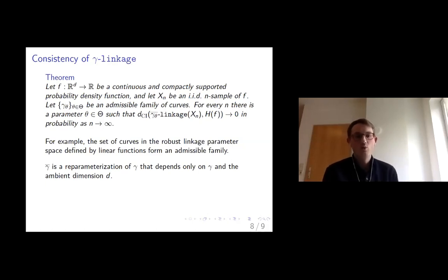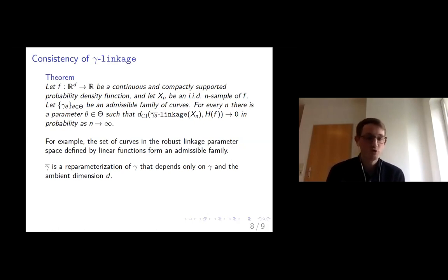So what is an admissible family? Roughly speaking, an admissible family of curves is just one that's big enough and covers the parameter space in a sufficient way. To prove this consistency theorem, you do not need to consider all possible choices of parameter, or all possible curves in the robust linkage parameter space.